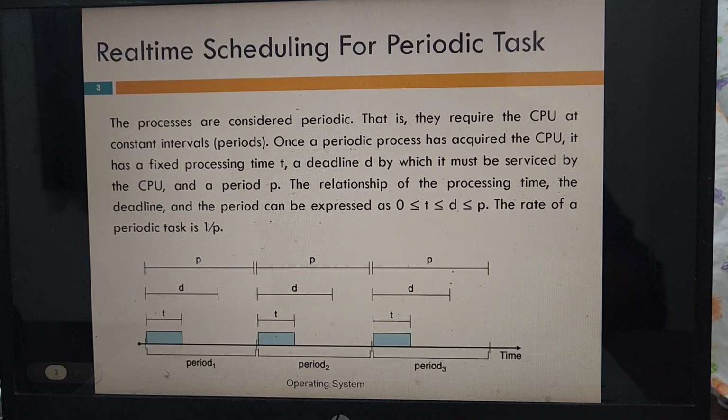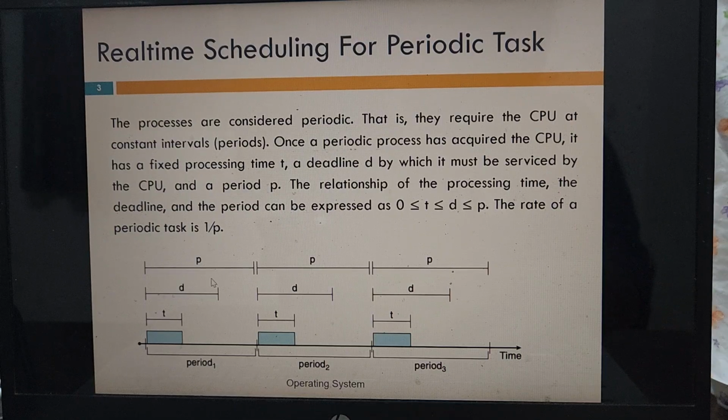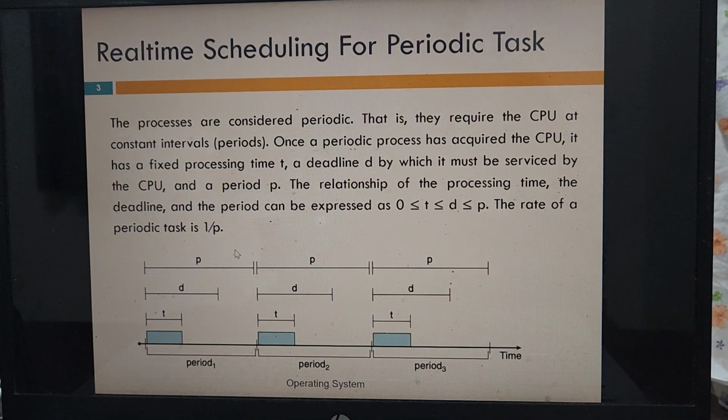So if you look at this diagram here, periods represent the cycles within which the process needs to be finished. T is the time, the burst time required, or the time required for the process to execute. D is the deadline. So within this period, the process needs to be finished by this deadline. So for example, within every 3 month interim, which is the time period, your antivirus renewal, which requires a burst time of 1 hour, needs to be completed by the end of the second month.